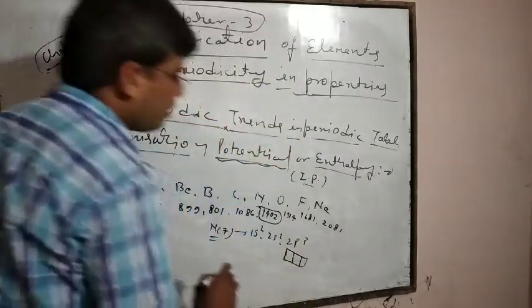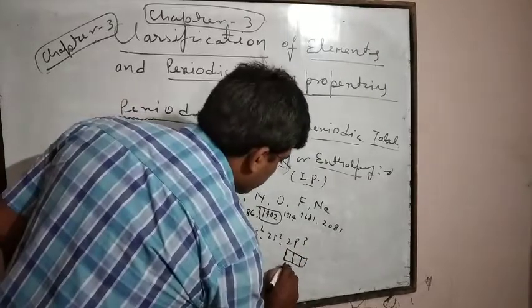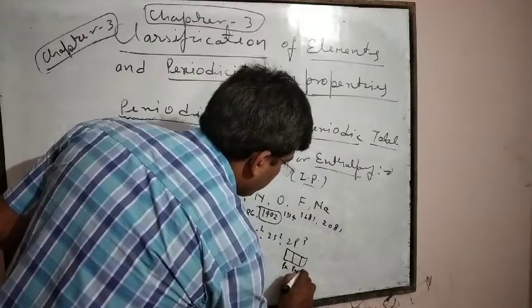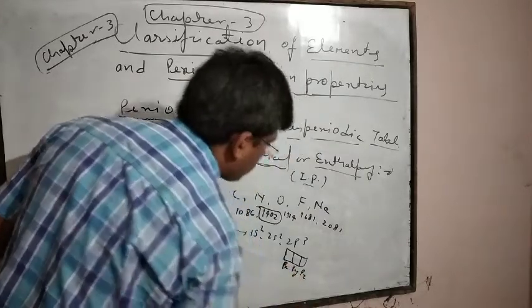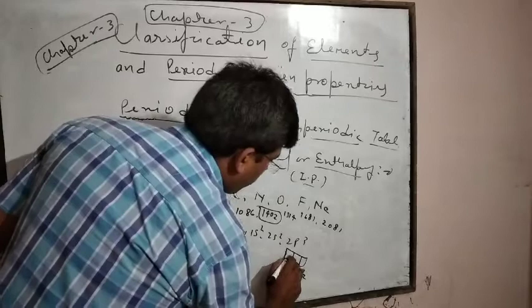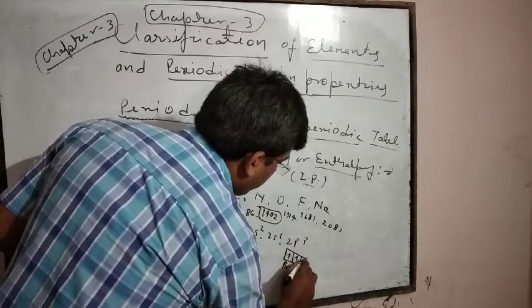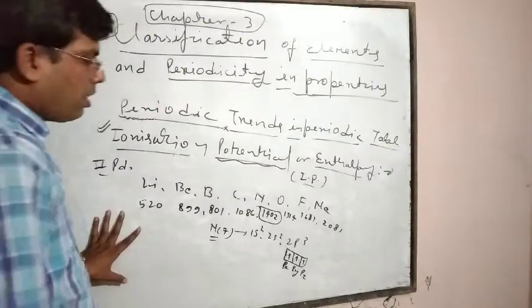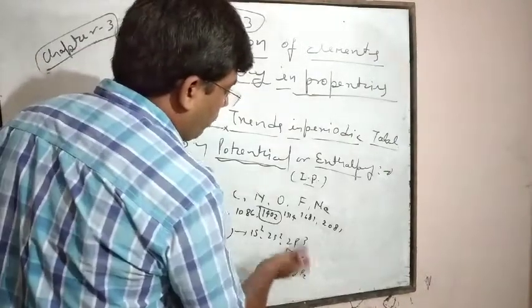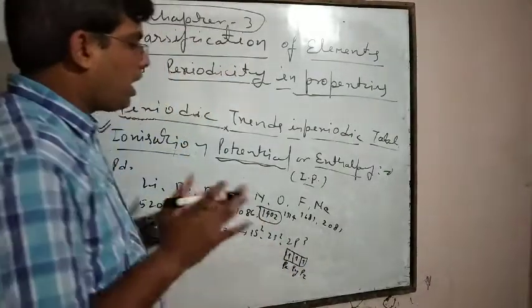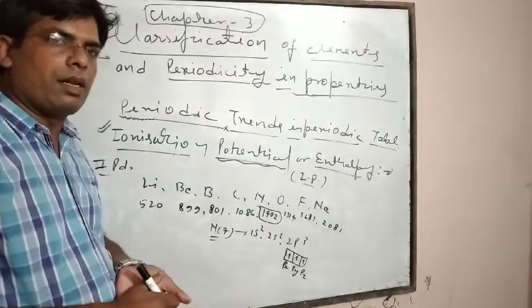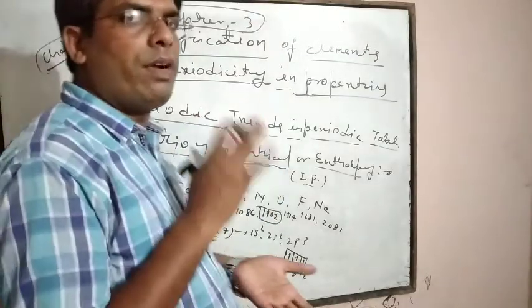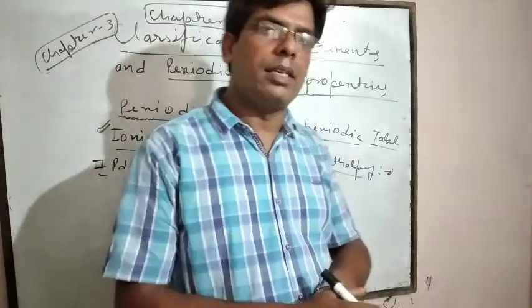In p subshell 3 orbitals are formed: px, py, and pz, with 1 electron in each. Now, if any orbital is fully filled or half filled, that is stable.